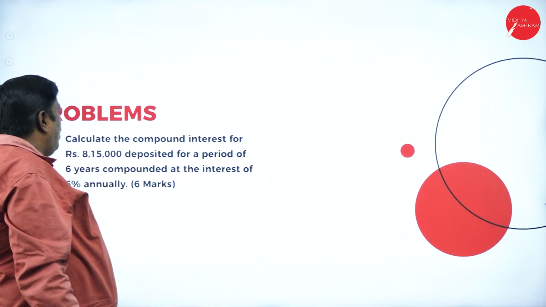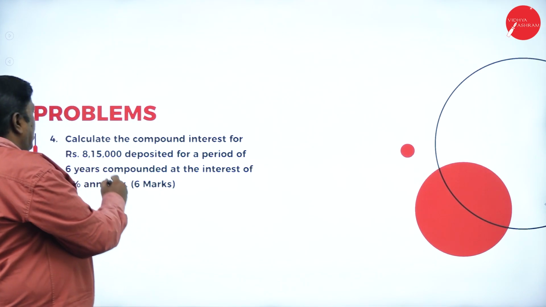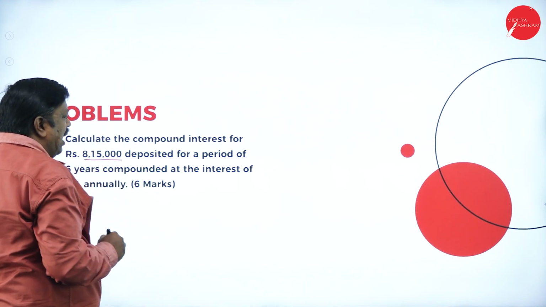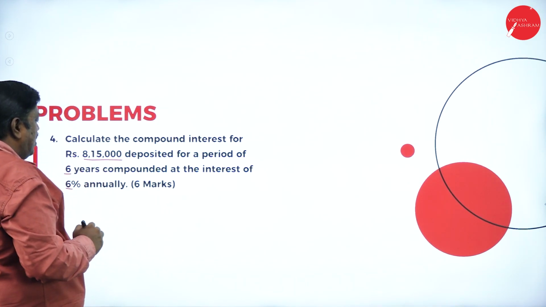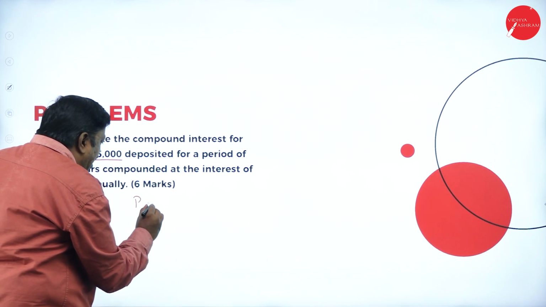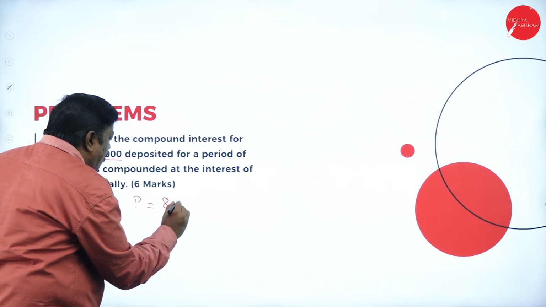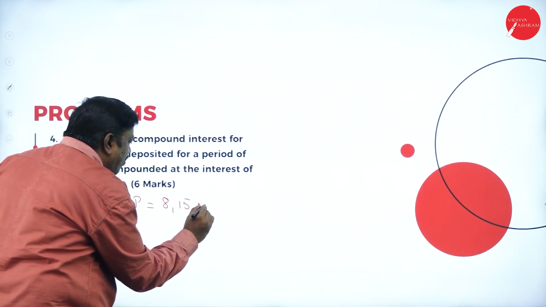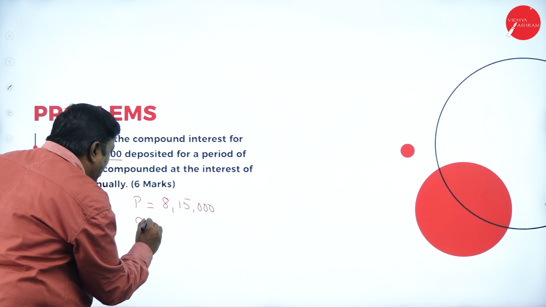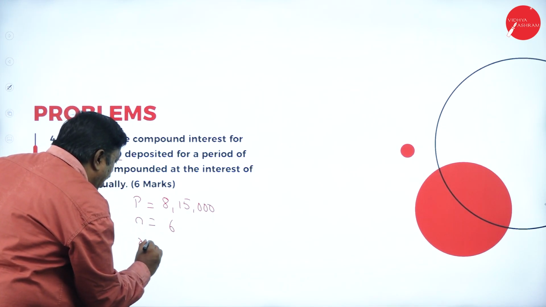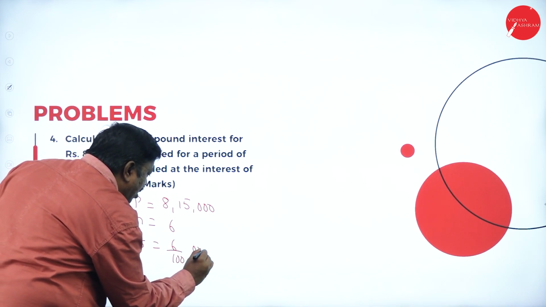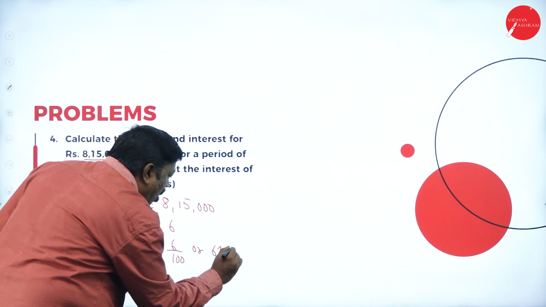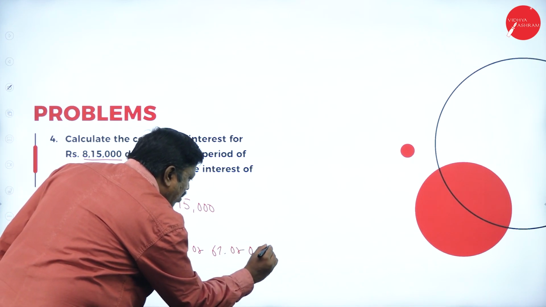Now, the fourth one we have here. The principal amount is 8,15,000, the period is 6 years, and the rate of interest is 6%. Principal is 8,15,000, N equals 6 years, and R equals 6 by 100, or 6%, or 0.06.